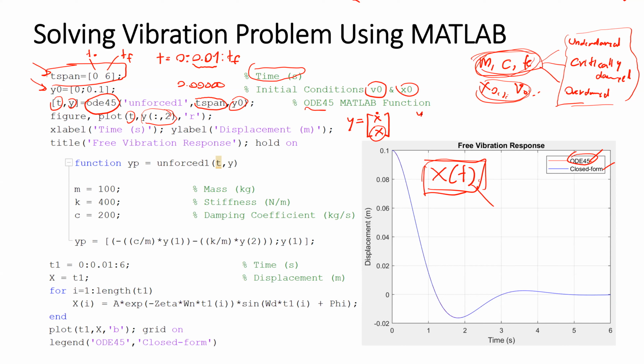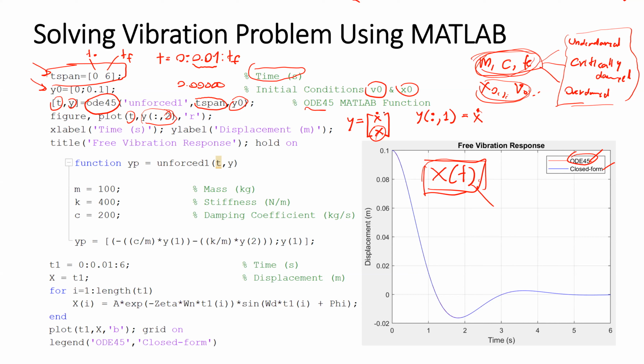If you use y, colon and 1, what you're gonna take from the variable y is x dot, or velocity. But if you select the second column in the y variable, you're gonna have the displacement, not the velocity.